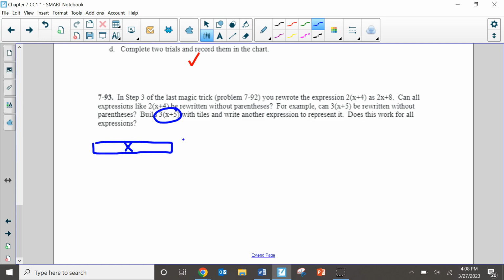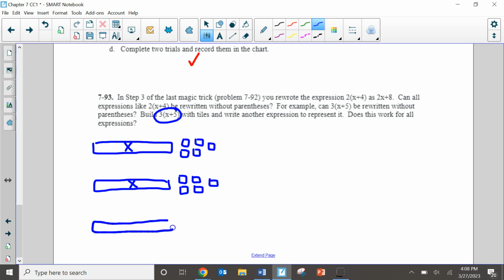Here's my x, and then 1, 2, 3, 4, 5. There's one group. And then my x, 1, 2, 3, 4, 5. There's 2 groups. And then my third group here. 1, 2, 3, 4, 5.